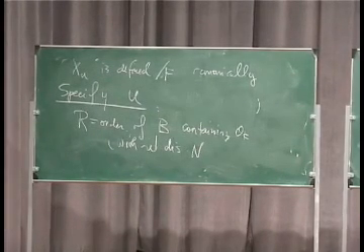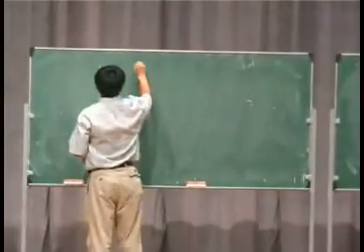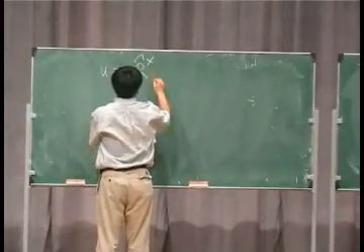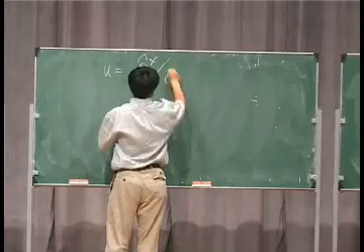Then our U will be in the completion of this n, the modular OF this n.